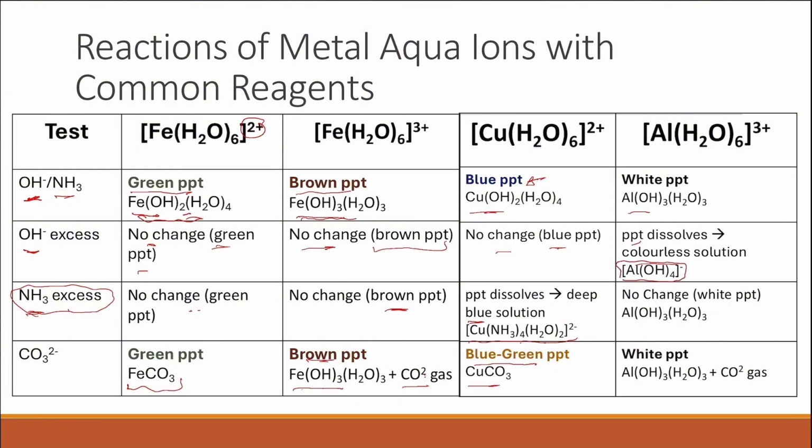The colorless solution is due to the formation of the aluminum with 4 OH minus, Al(OH)4 minus. In the case of excess ammonia, there will be no change. It will stay as a white precipitate of aluminum hydroxide. And finally, with the carbonate, it will give you a white precipitate of aluminum hydroxide, similar to iron 3 plus, and also carbon dioxide gas.